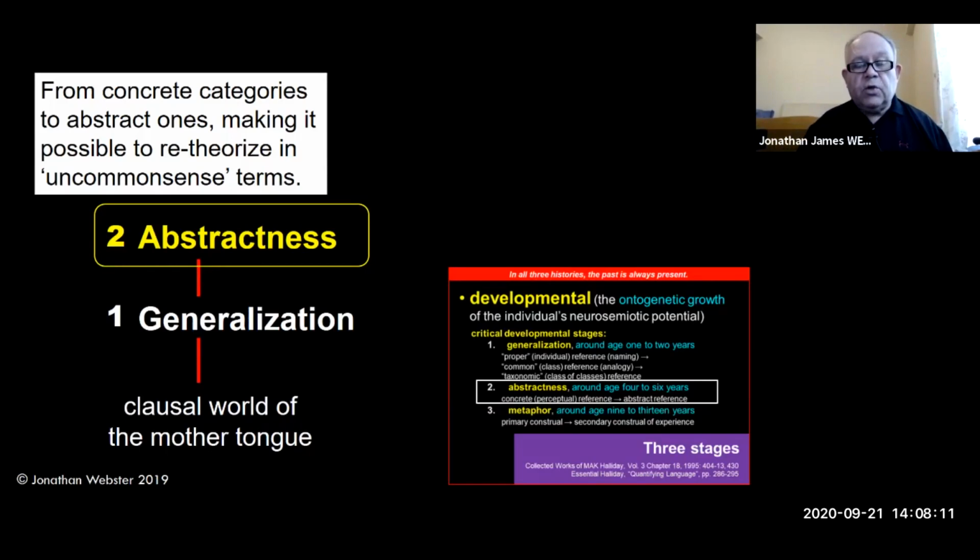Tall, short, height. In other words, being able to think in terms of not concrete categories, but abstract categories. And so taking the way we think in common sense terms and re-theorizing it in an uncommon sense way.